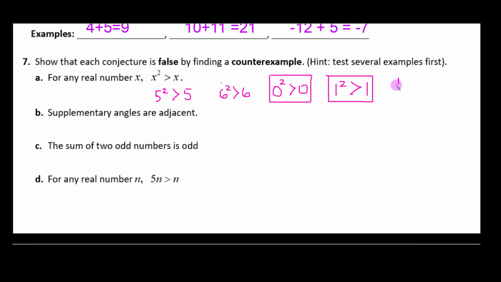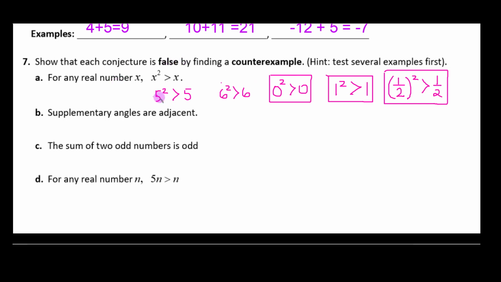Another one that you could do is numbers between 0 and 1. So let's say 1/2. If I do 1/2 squared, would that be greater than 1/2? Well, 1/2 squared is 1/4. So 1/4 is less than 1/2. So right here, I could have used any of these three as a counterexample of this statement.